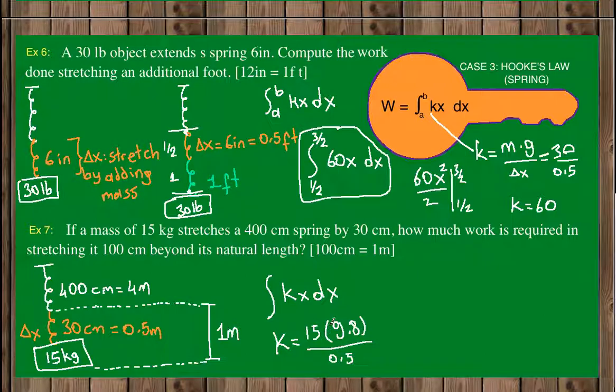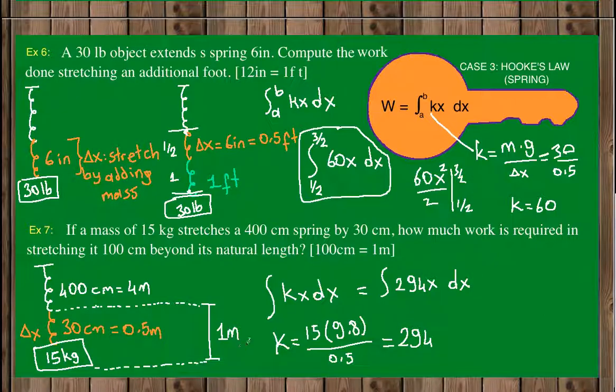So our k will be 15 times 9.8 divided by 0.5, which will be 294. So here our integral is 294x dx.